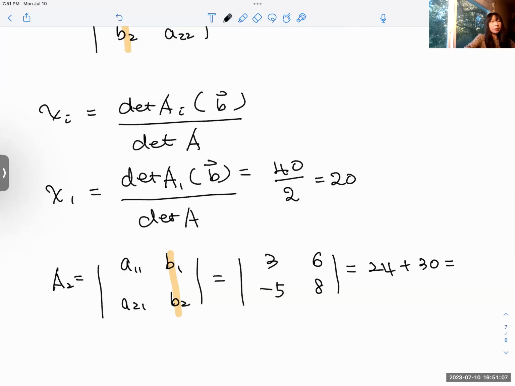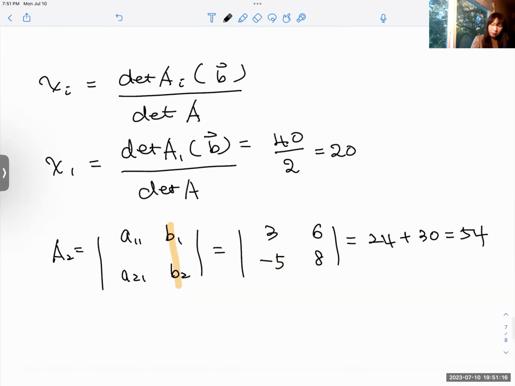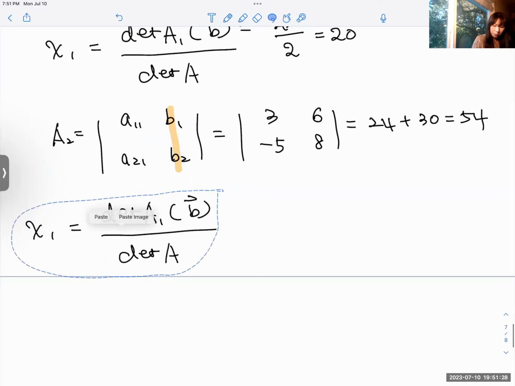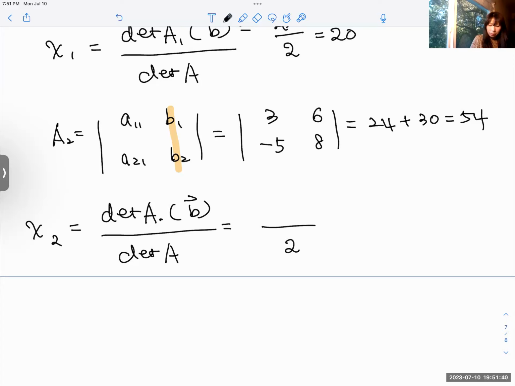Can you please calculate? That's 54. So we have the determinant of A, which is 2, and the determinant of A sub 2, which is 54, which gives 27.